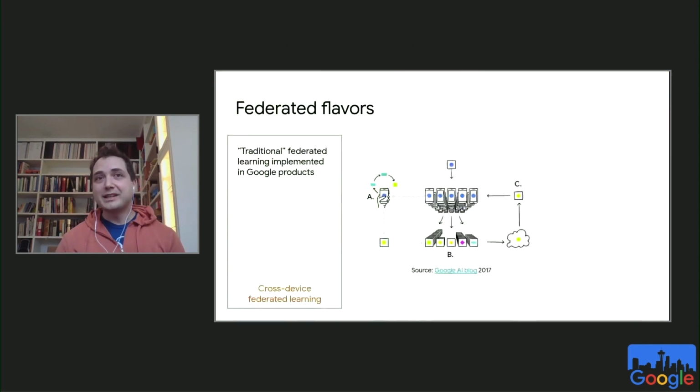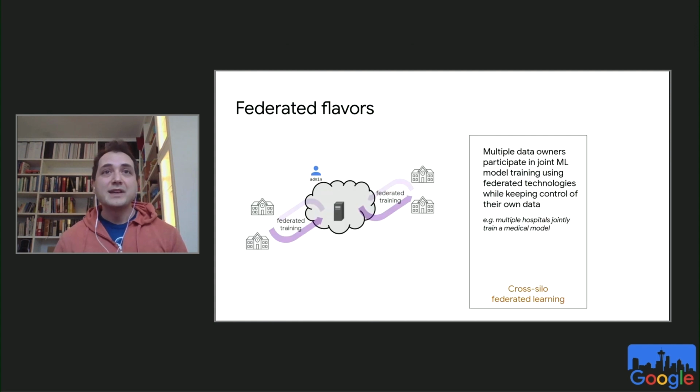So the kind of federated learning that we're talking about here, and the bigger focus for Google traditionally, has been this cross-device federated learning setting. This was our first focus and continues to be where a lot of Google's interest lies. Of course, in the academic community, as well as in the health and financial spaces, the cross-silo federated learning setting is playing a growing role, where rather than data living on users' devices, it lives in silos.